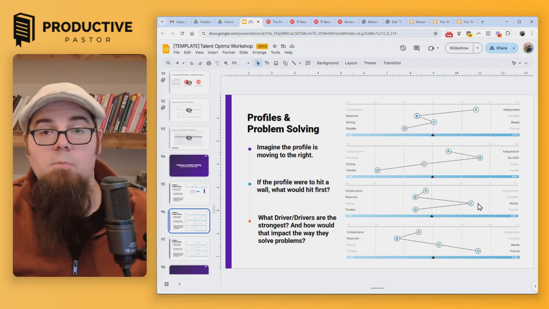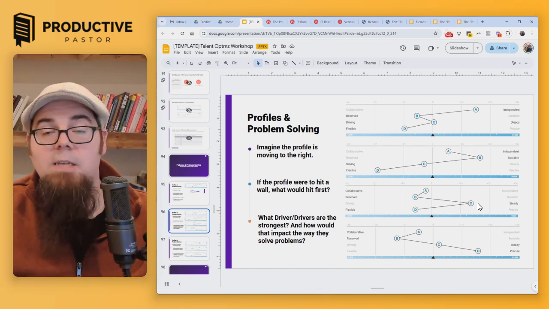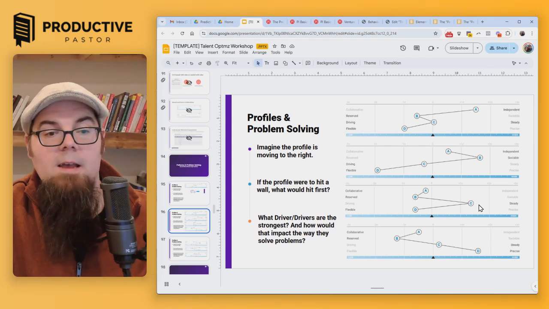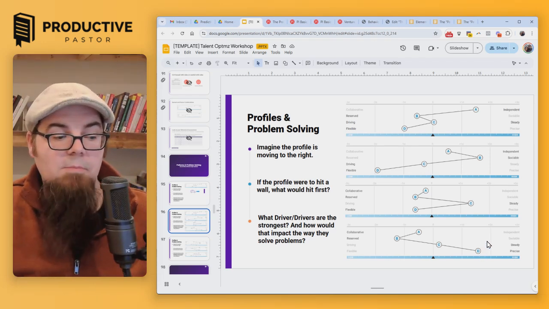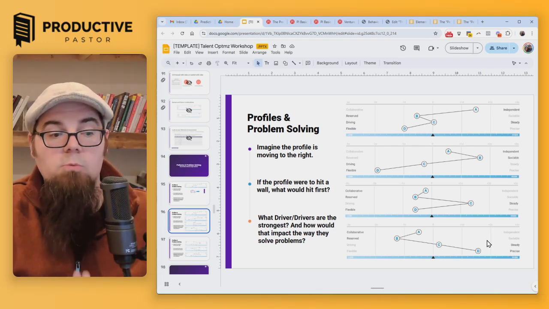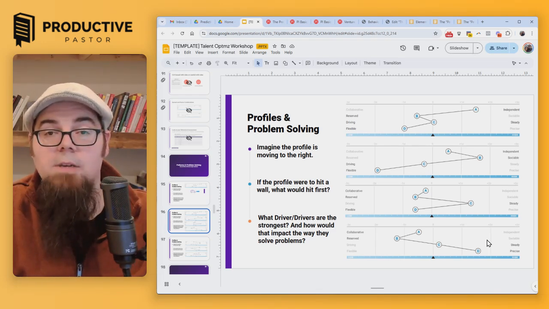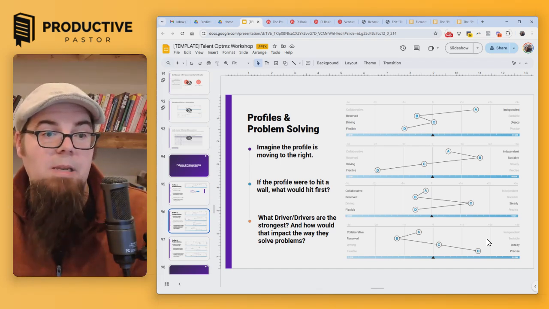So they would probably be like a brake pedal, like let's slow down and let's make sure that this doesn't happen again. And then this last one here, a high D, they would say something typically like, what rules or policy or structure can I put in place to make sure that this doesn't happen again?